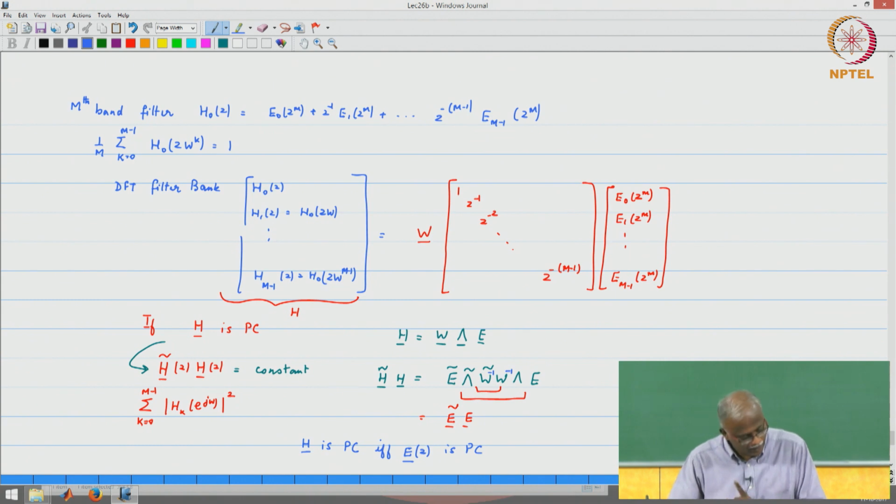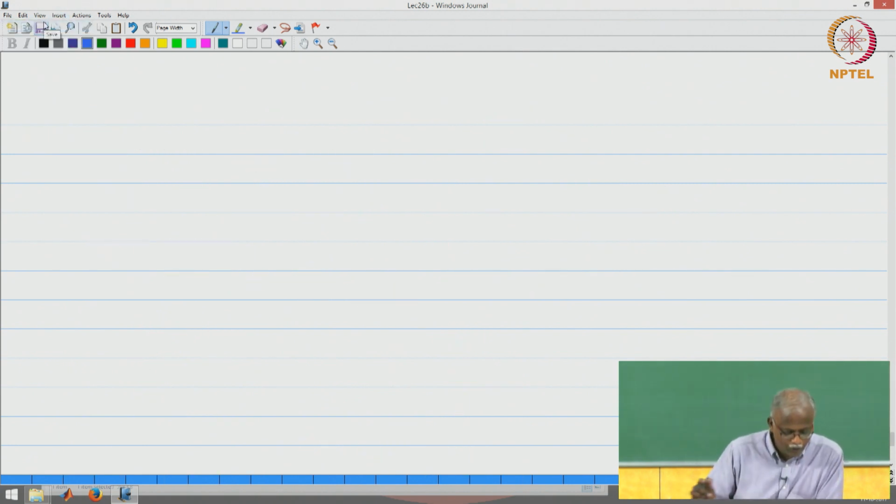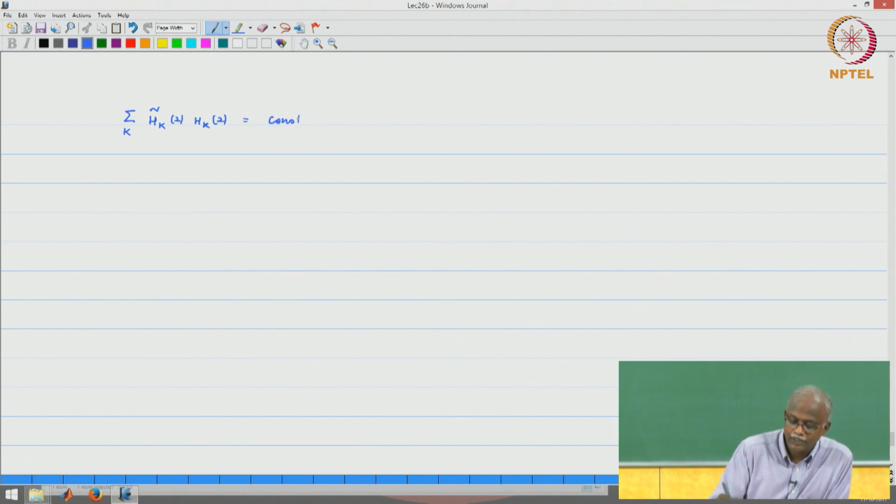Now, I just want you to look at one more element before we close today's discussion, because this is also an important result for us. So, what did we write down? The summation over k of h k tilde of z, h k of z must be equal to a constant. And we have the relationship that h k of z is nothing but h 0 of z W raised to the power k.